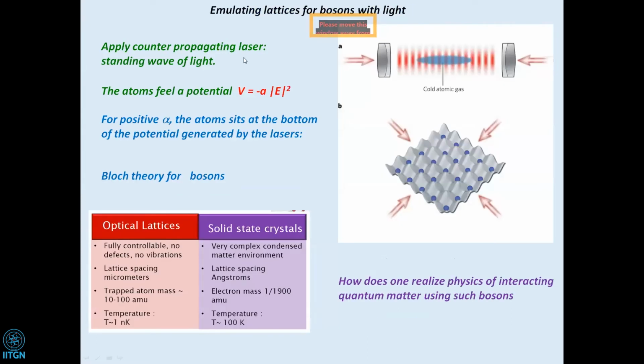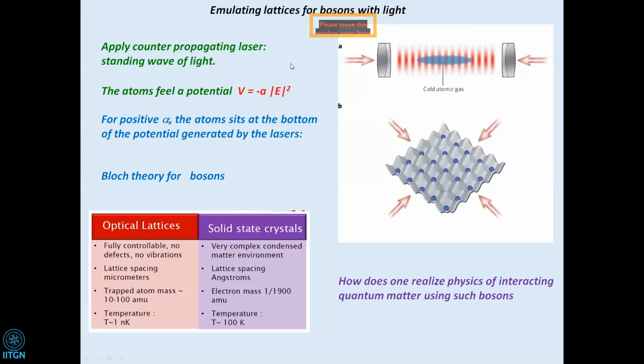After you have created this Bose-Einstein condensate, what one does to emulate condensed matter systems with cold atoms is to put in a lattice. This lattice is made by putting in counter-propagating lasers, which form a standing wave of light. These atoms have a polarizability, and therefore, because of the electric field of this light, essentially they see a potential which is their polarizability alpha times |E|^2.